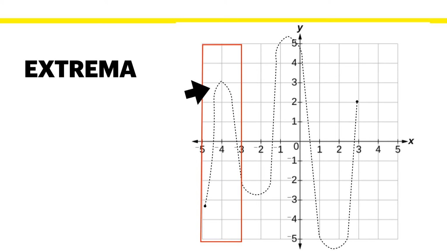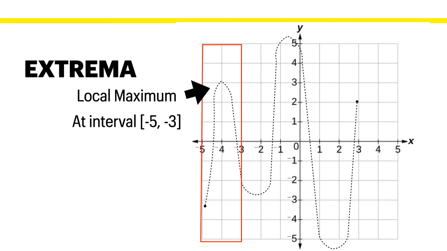But let's focus on this peak over here. This is called a local maximum, and it's at the interval of negative 5 to negative 3. That is called local because you're only focusing on that interval itself, and since it's the highest peak in that interval, that is called the local maximum. Let's look at this other one.